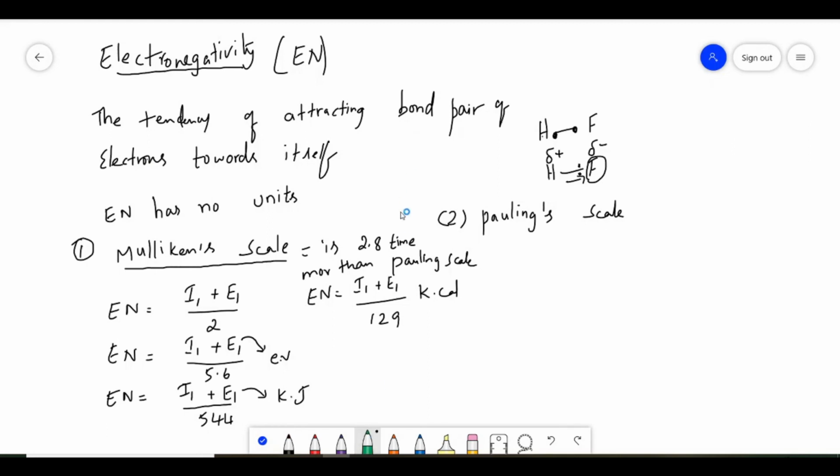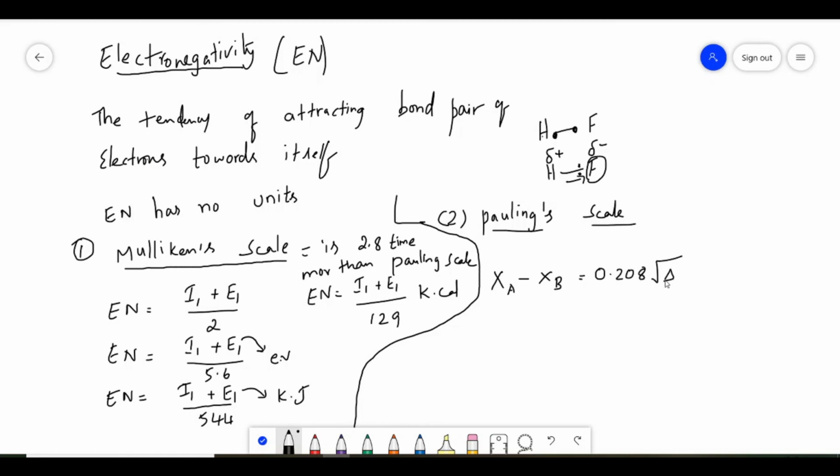Next, when coming to the second scale, that is the Pauling scale, the Pauling scale depends on the bond energies. The Pauling scale is given with the formula: for some elements, Xa minus Xb is equal to 0.208 under root delta. Now what is this delta? Delta is calculated by taking the help of bond energies.